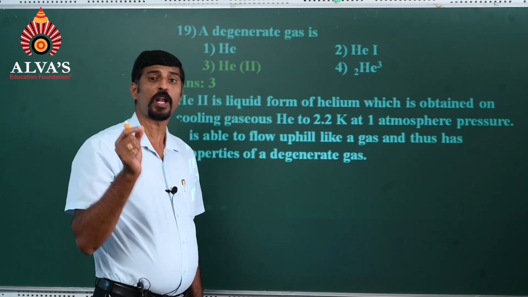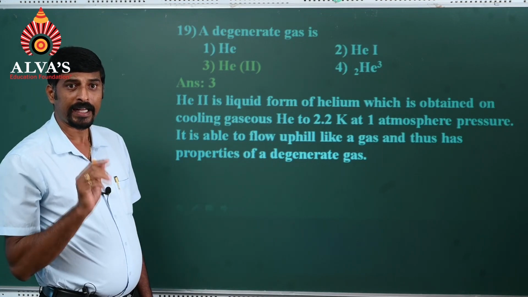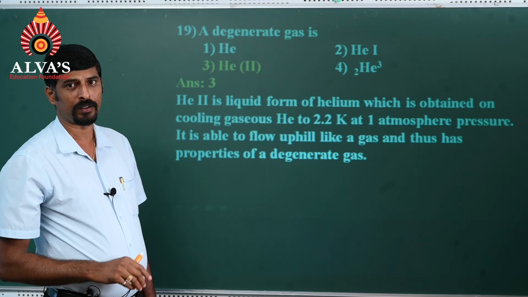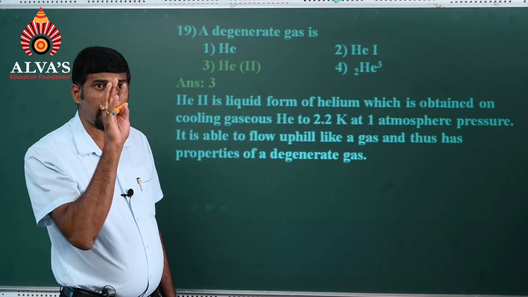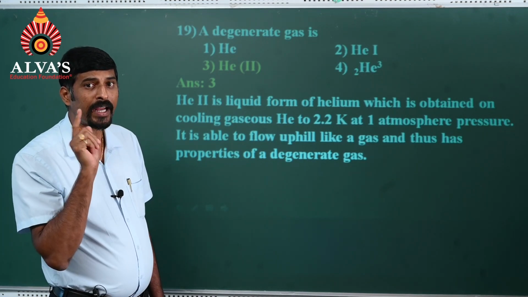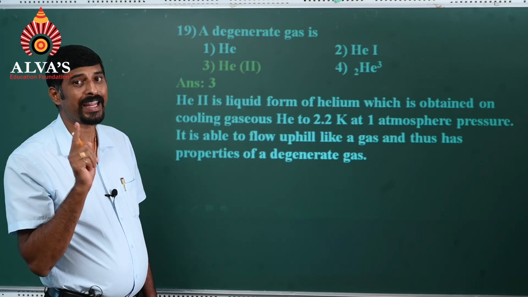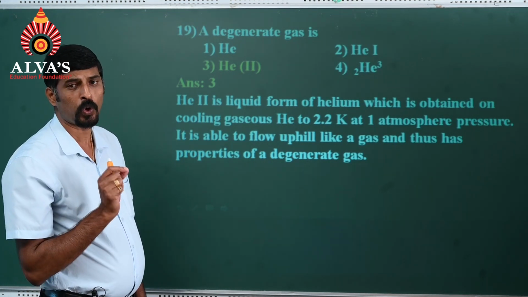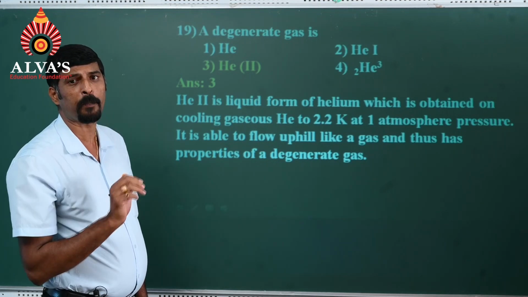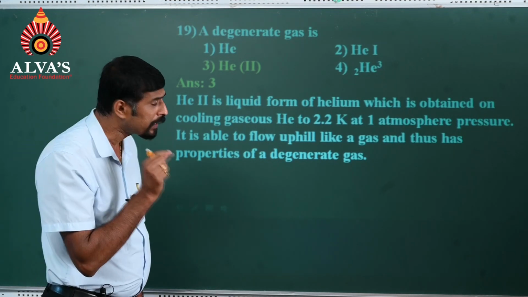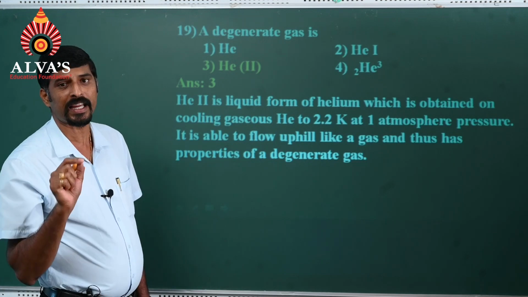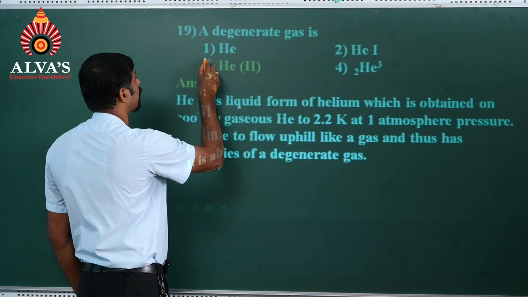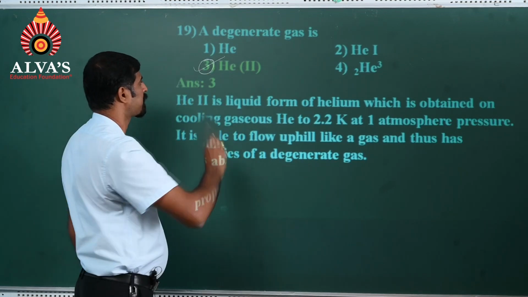It has a special property that it climbs the walls of the container and flows. It climbs the wall of the container, and that's why it behaves like a gas. That is because helium-2 climbs uphill, and that type of property is seen in the case of a gas, and hence option third is the right answer.